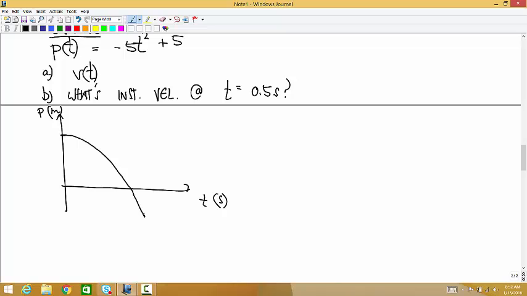It crosses the 0 at 1 second. So half a second is here somewhere. And so the slope at that instant is the slope of this tangent line. That's a negative slope.